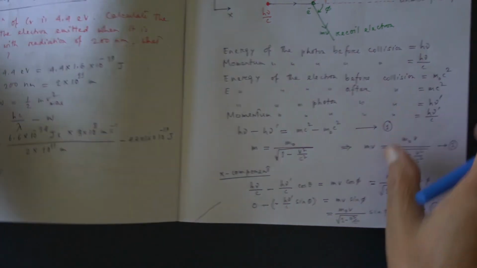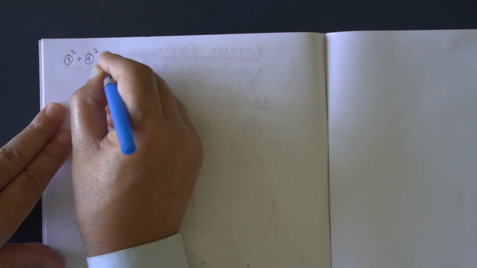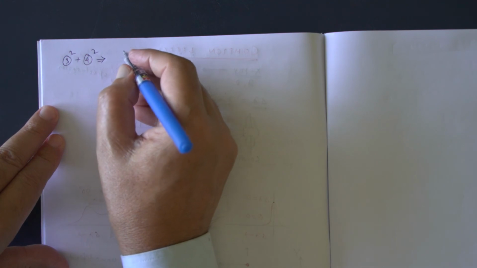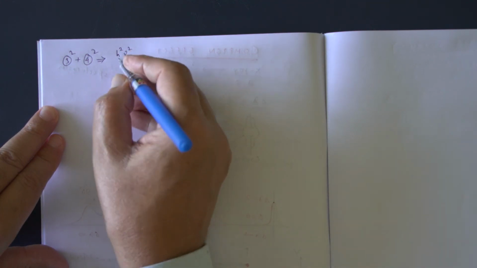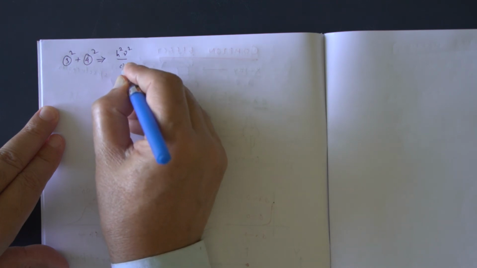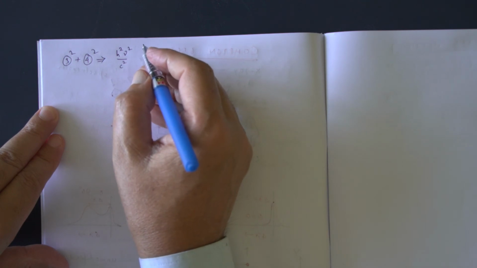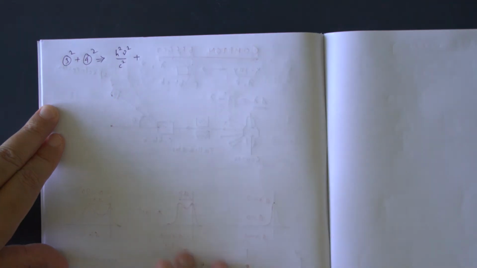What do we get then? h square nu square by c square, then what is this?